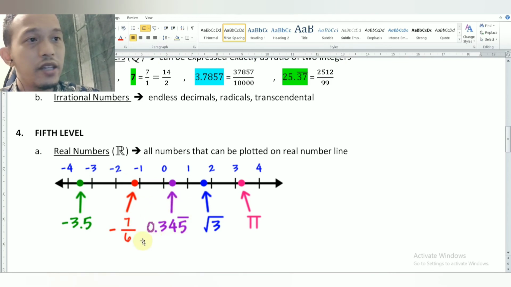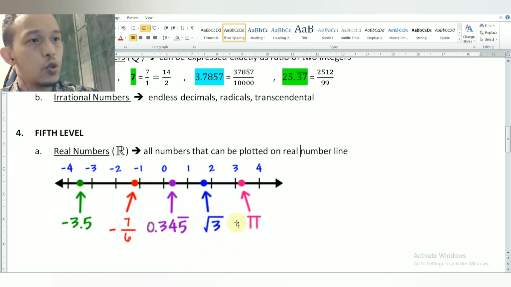How about the repeating decimals, 0.345555555? Yeah, it's approximately here, but I know it's between 0 and 1. So as long as you can find where it is on the number line, we have real numbers. Square root of 3.